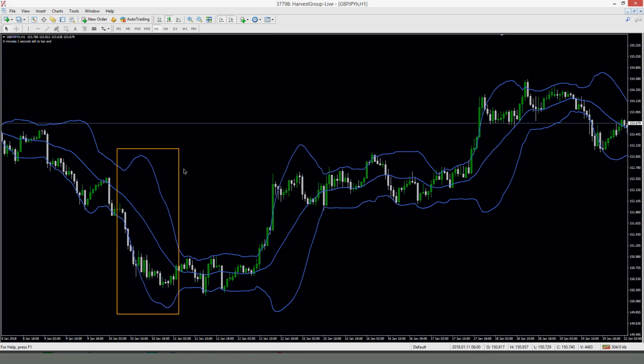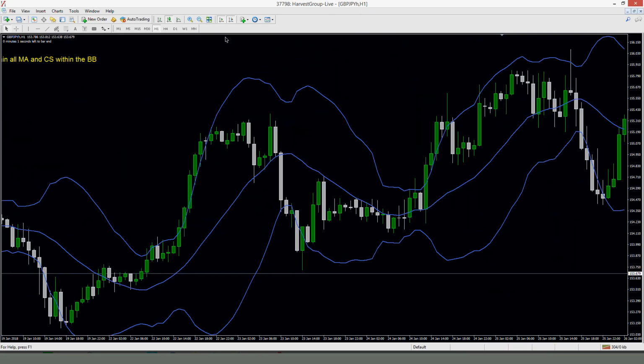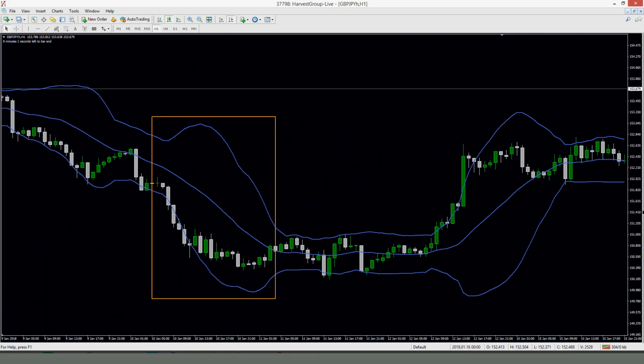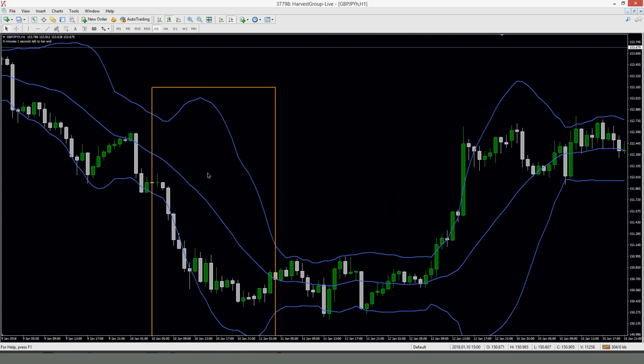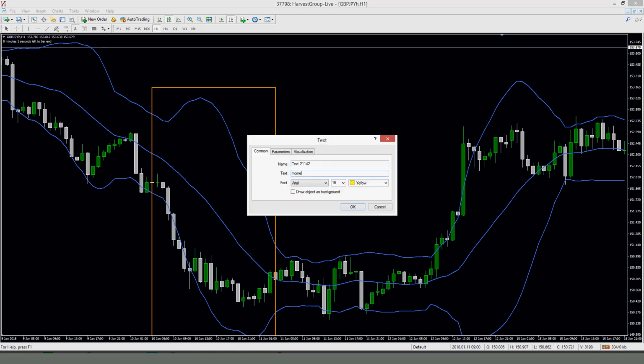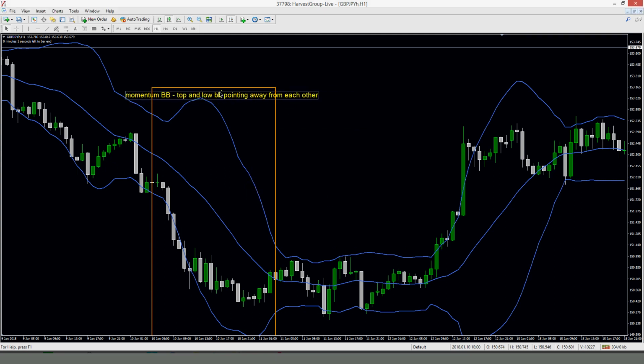Let me zoom in. The definition of a momentum Bollinger Band, to make it easier for anyone just learning, is that the top and low BB are pointing away from each other.